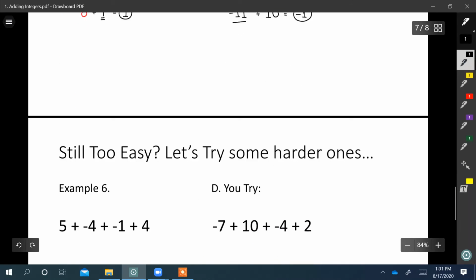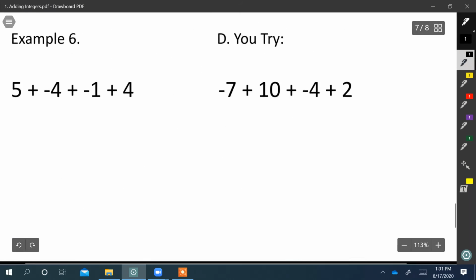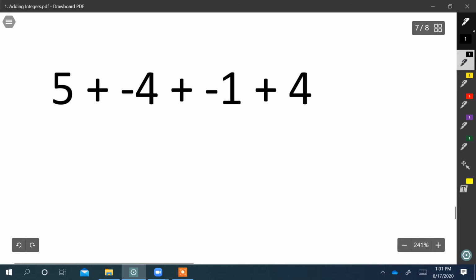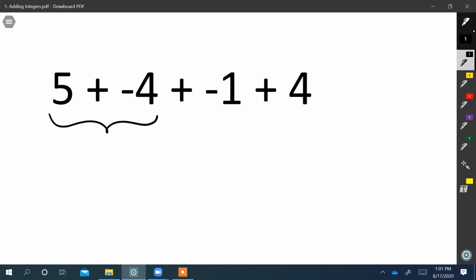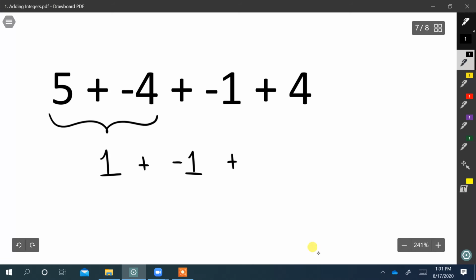Let's keep going. Let's make it a little bit more challenging. We have 5 plus -4 plus -1 plus 4. Probably you're getting this a little bit faster, so let's actually work a little bit faster. 5 plus -4 will be +1. Okay, let's bring the other down.